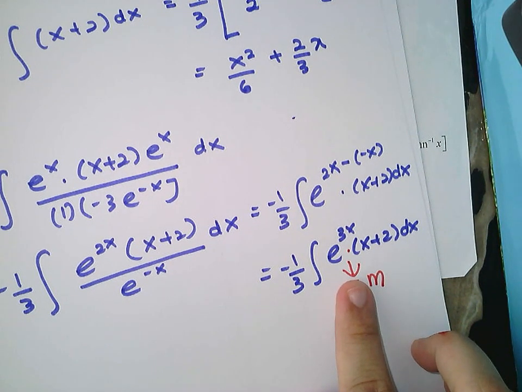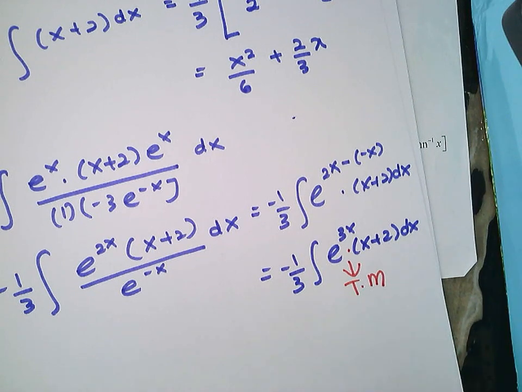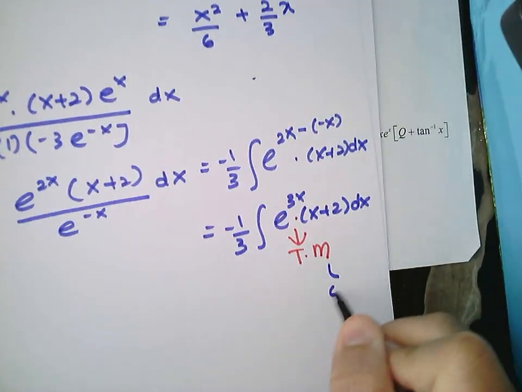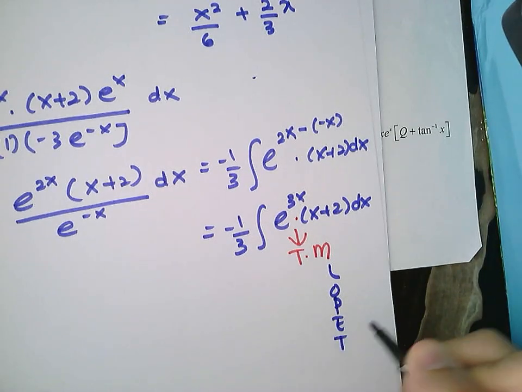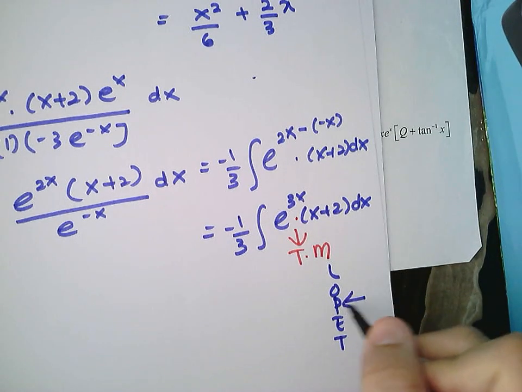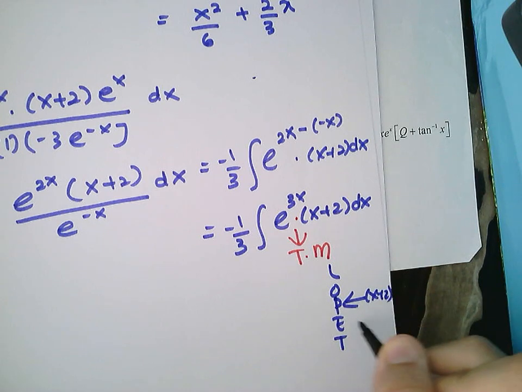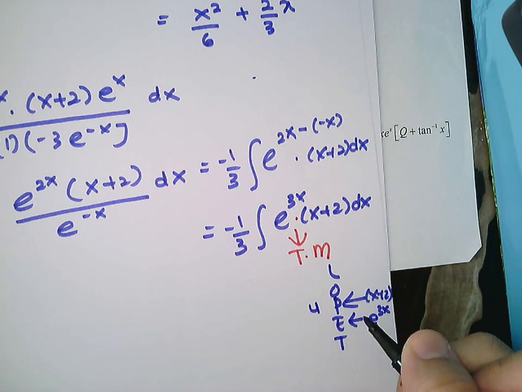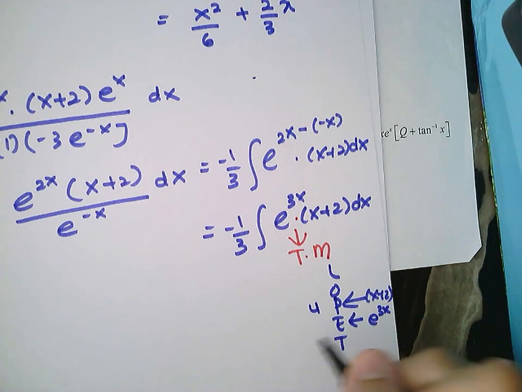So you have to use the tabular method for this one. In the tabular method you have LIATE, so which one comes first? Polynomial, because you have x plus 2 and this one is exponential, which is e^(3x). Okay, so this one will be your u and this one will be your dv.